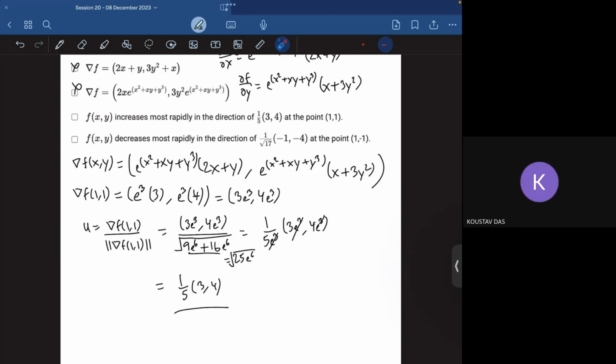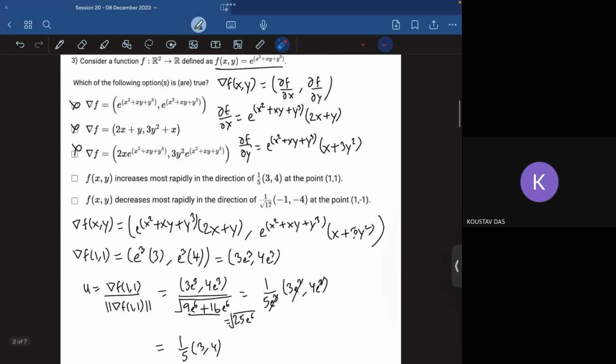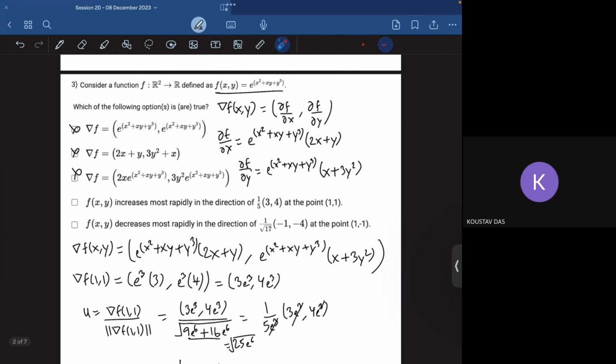Ma'am, here you divide it by the norm of the gradient, right? But in what I asked you previously, you said that we didn't divide by the norm because we don't want to find the unit vector. When do we need to divide by the norm and when not? In that question, from the options, that is what I get.